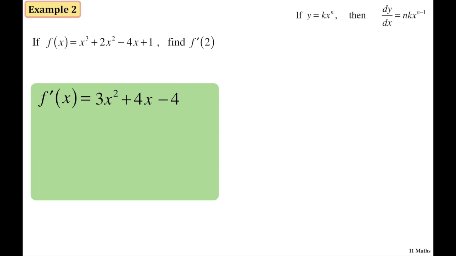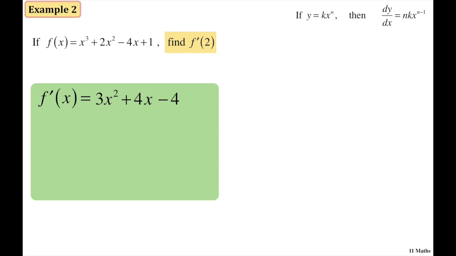The plus 1 on the end, the constant term, well, constants become 0 when we differentiate them. So that is the derivative with respect to x. That's f dash x. Now let's focus on what the question wanted us to find. It wanted us to find the derivative when x is equal to 2.